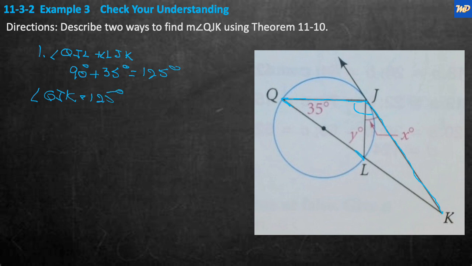Now let's do it a different way. We see QJ, this chord, strikes off this arc here, and it is the intercepted arc from this angle K way down here.